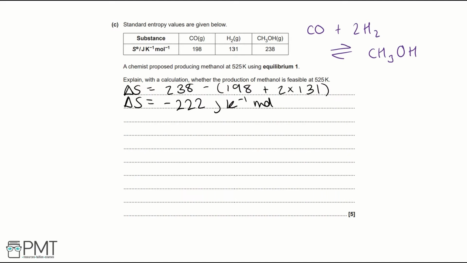But as standard, we usually go with kilojoules. So that's going to be minus 0.222 kilojoules per mole per Kelvin.